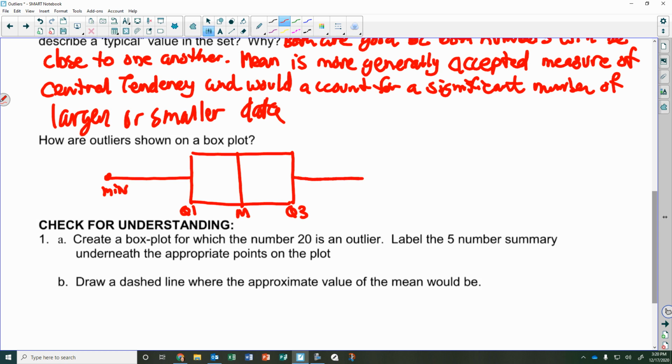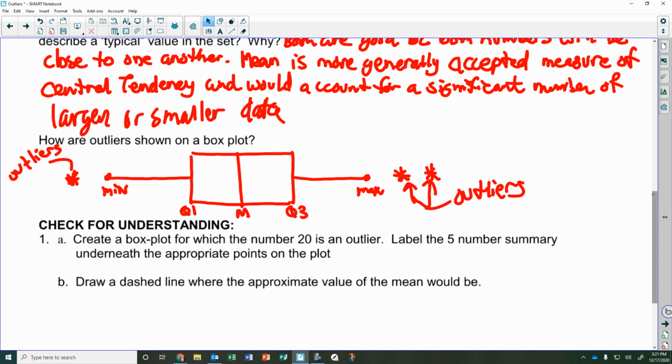And there's my other whisker to the right with my maximum. So what would happen would be an outlier would be something out here, outside the minimum or maximum. These would be what the outliers would look like. They would be an asterisk outside the set of data. Okay.